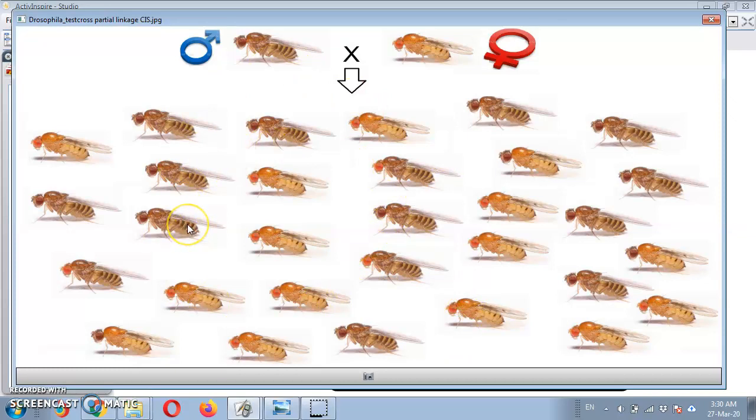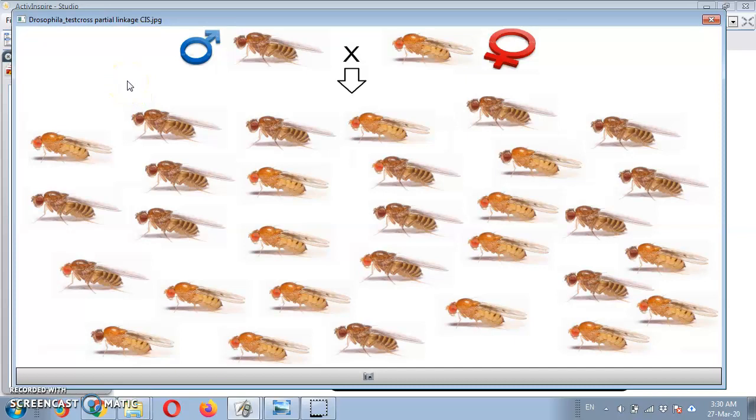Then the recombination percentage in this cross will be 20%. So this test cross in the partial linkage cis position case will have 20% of recombination.